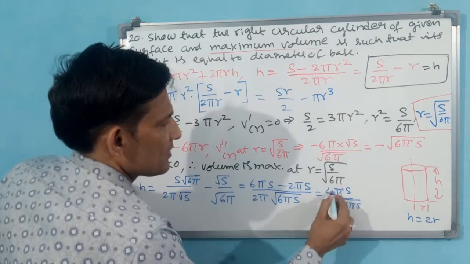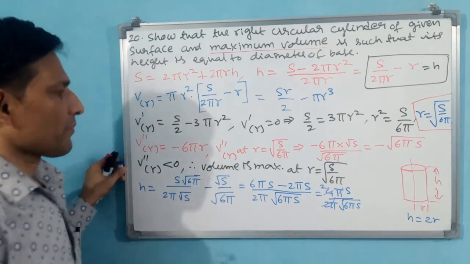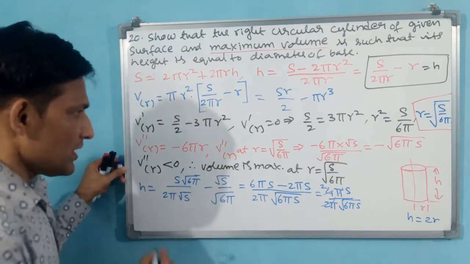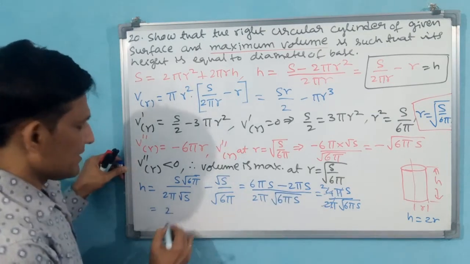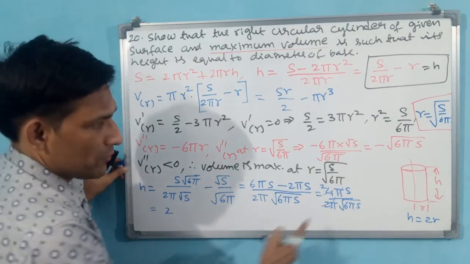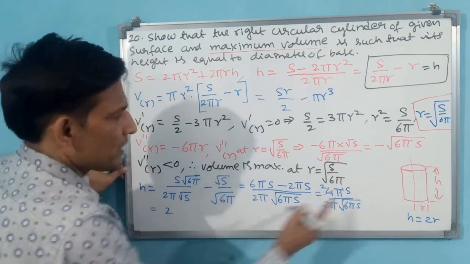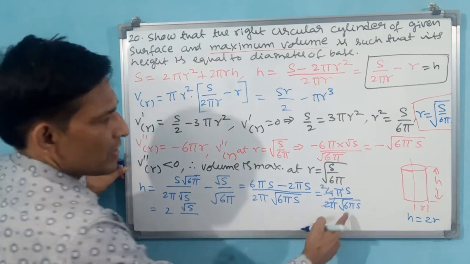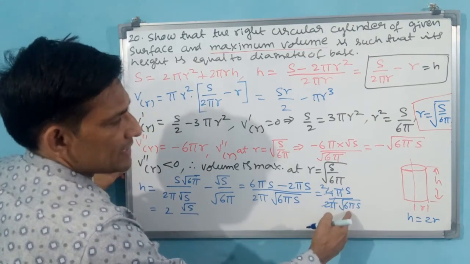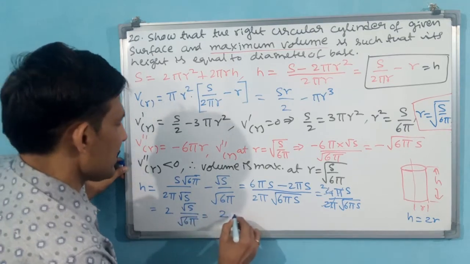Then you keep 2 outside. One root s is going to get cancelled, that means root s divided by 6 pi. Finally, shall I write like this?